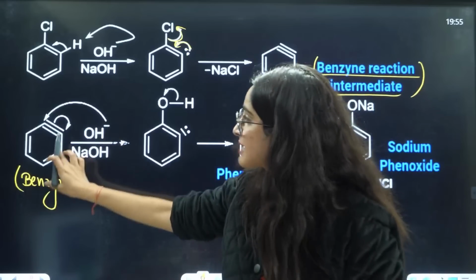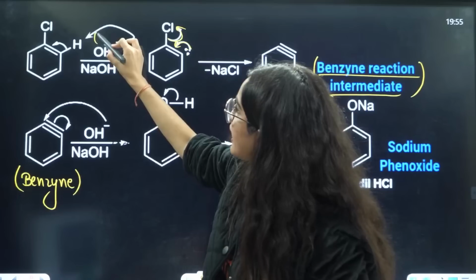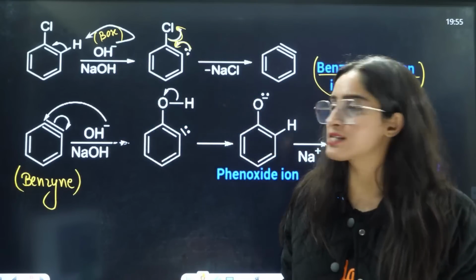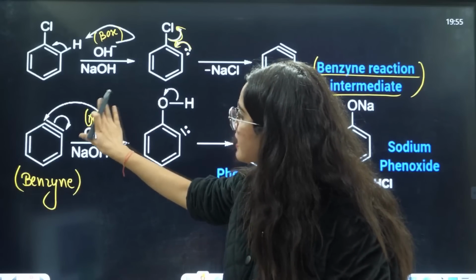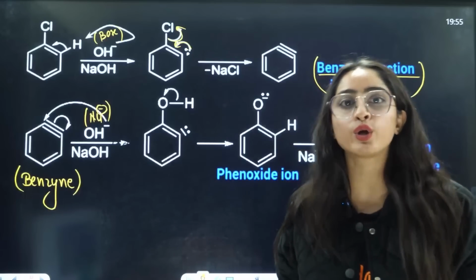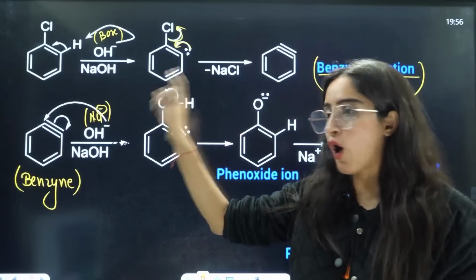After the benzyne intermediate is formed, see, here this OH negative is acting as a base, but here it is not acting as a base. Now it is acting as a nucleophile. Earlier it was trying to take out the H positive; now it is not.